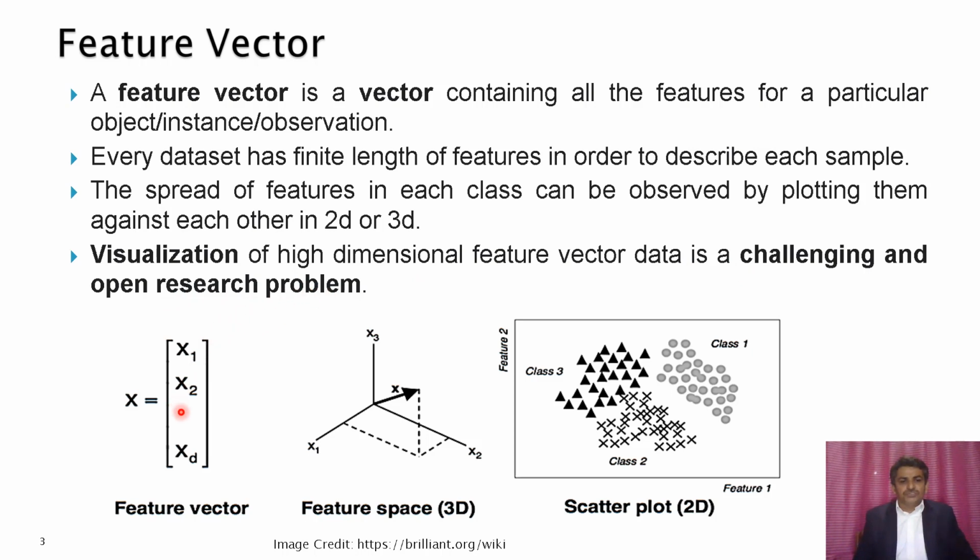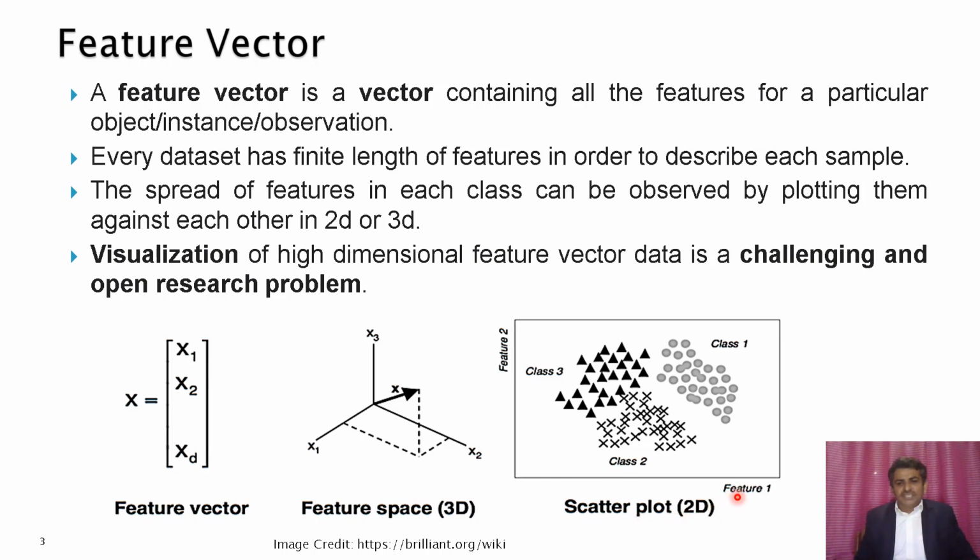The figure below shows the feature vector. Here x is a feature vector, the length of x is d. The next figure shows feature vector space. Suppose our data have three features in 3D feature space. The next figure shows the scatter plot of 2D features.